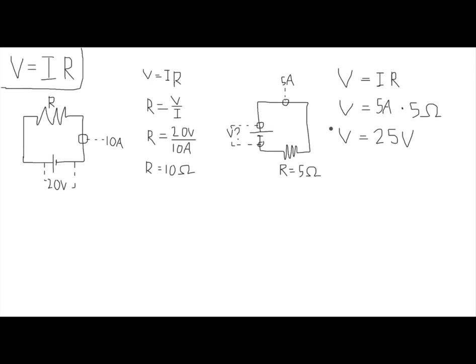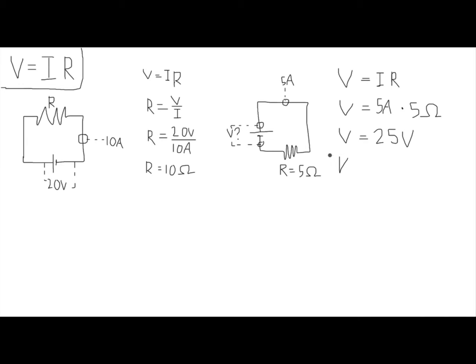Now, you may have realized we're using two different V's. One for potential difference, or voltage, and then another for volts. It is important to note that these two V's stand for two different things. Usually, you will see potential difference written in italics.